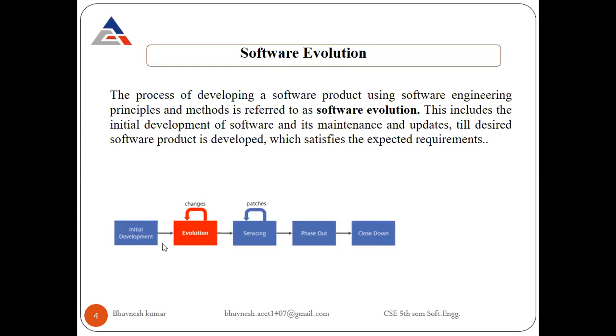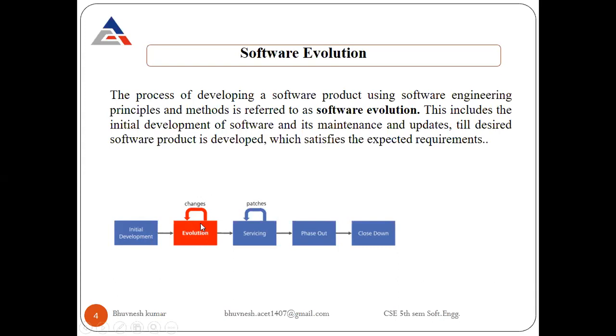Here is a diagram which defines the concept. There is an initial development. Initial development means when we are developing that product. When we develop that product, we launch it on the internet, and users are using that product, and there is feedback from users that they want this module.